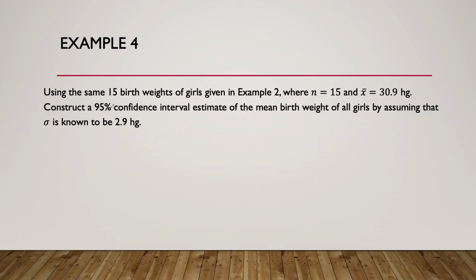So for example, using the 15 birth weights of goats given in example 2, where the sample size is 15, the sample mean x bar is 30.9 hectograms, construct a 95% confidence interval estimate of the mean birth weight of all goats by assuming that the population standard deviation sigma is known to be 2.9.